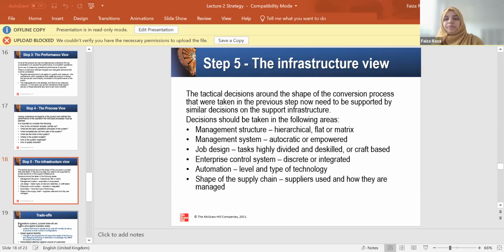The enterprise control system can be discrete or integrated. Automation levels and type of technology, and the shape of the supply chain must be considered, like suppliers used and how they are managed. These are the steps to consider in making operation strategies.